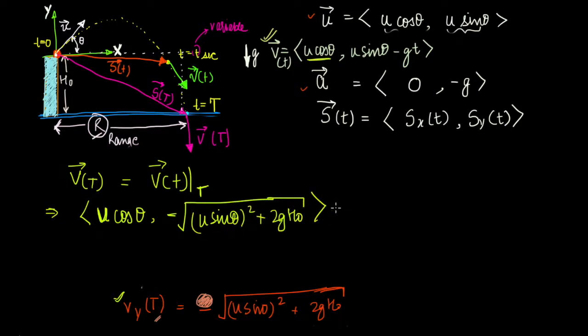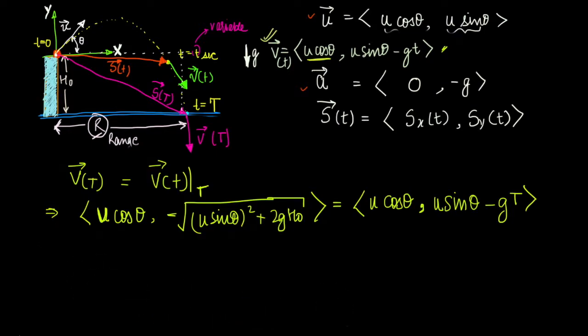Now we go back to step 1, which was this expression, and we substitute capital T for small t, and that gives us u cosine theta. Because there isn't a t coming here, we cannot do anything more than that. But in the y component there is a t, and so we must write u sine theta minus g of capital T. All right, so this is expressing it properly. So that is taken care of.